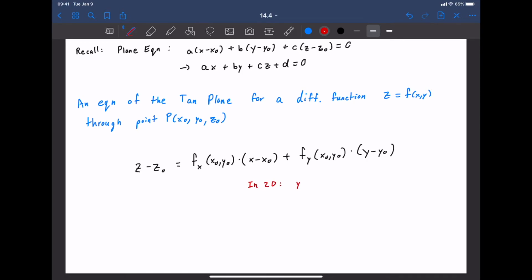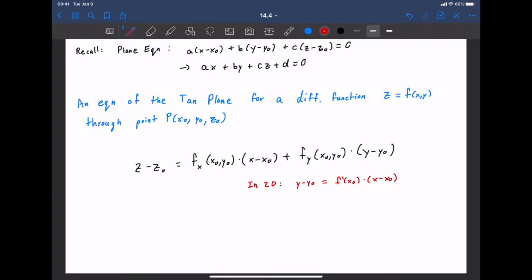We would have had y minus y naught equals f prime at the special x coordinate times x minus x naught. And I think you can see the equivalence between these two formulas. They both have a derivative because the derivative is telling us the slope.